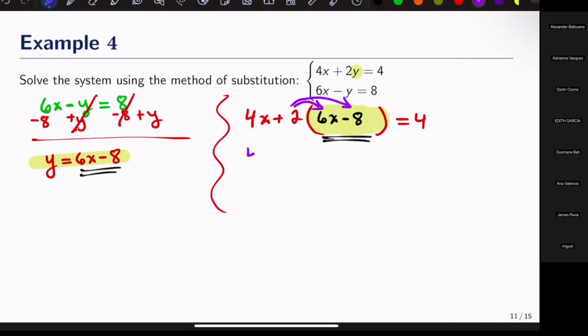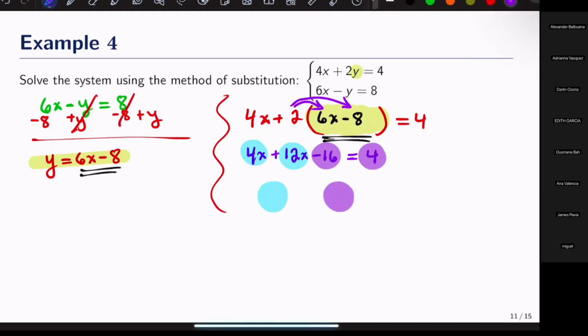So we have 4x plus 12x minus 16 is equal to 4. Let's combine some like terms here. 4x plus 12x, and then we're going to go ahead and add 16 to both sides. 4 plus 16 gives you 20. And so we have 16x is equal to 20.